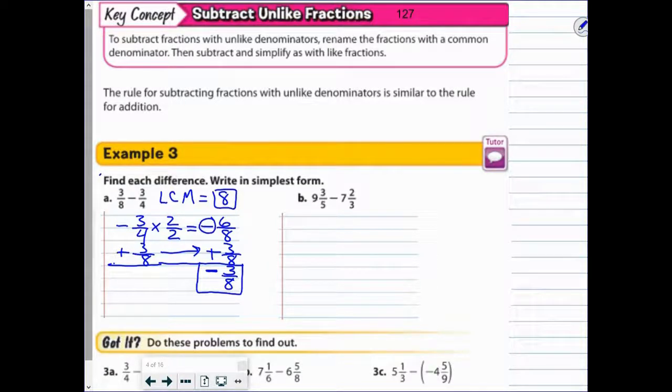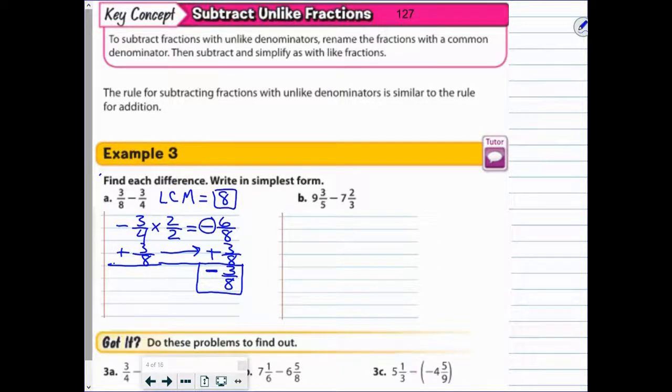Example 3b says 9 3/5 minus 7 2/3. Again, I can see that we're going to be subtracting on this, but it's much easier to tell which one is the larger looking fraction because 9 is greater than 7. So we have a larger whole number in letter B. So that one's easier to position those fractions. Let's find the common denominator. 5 and 3.